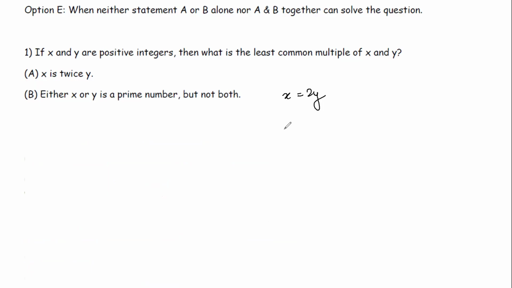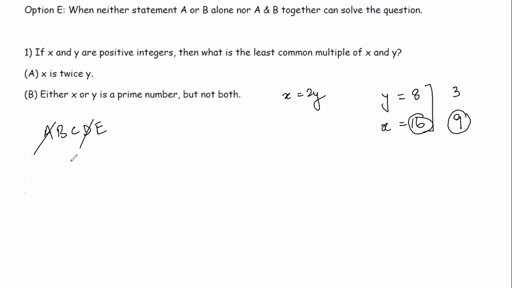Assuming y is 8, x is 16, so the least common multiple of x and y is 16. But if you take y as 3, then x is 6, and the least common multiple is 6. So we don't have a definite answer. So A is not sufficient, and D is out.